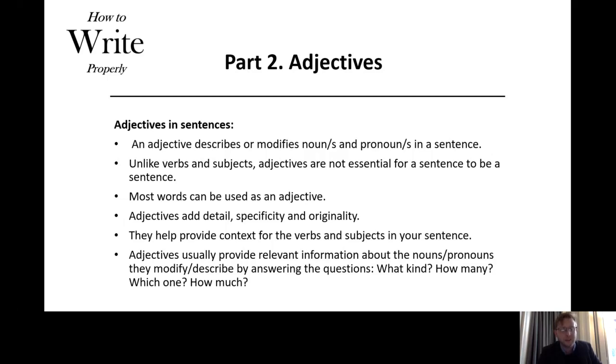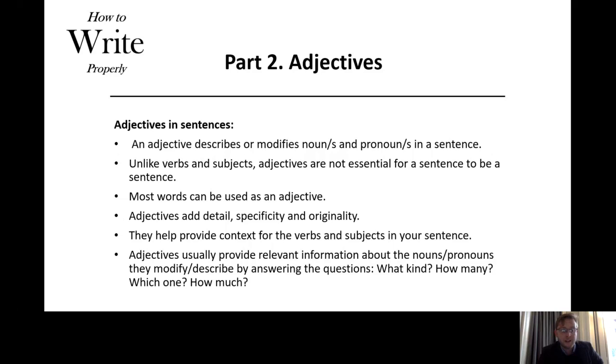Pretty much any word in the English language can be used as an adjective, which is different to verbs or nouns. You can use anything to describe something else, pretty much. As I say, they provide context for the verbs and subjects in your sentence. Most of the information about the subject is going to be conveyed through adjectives.